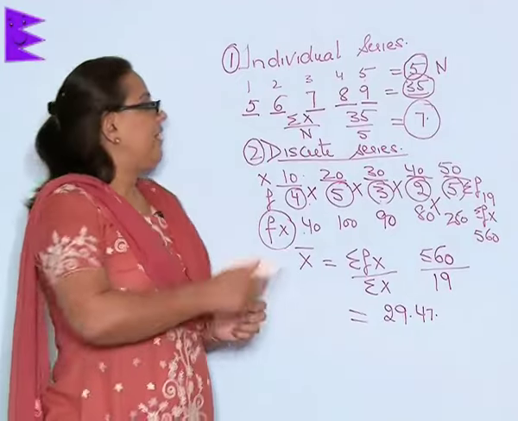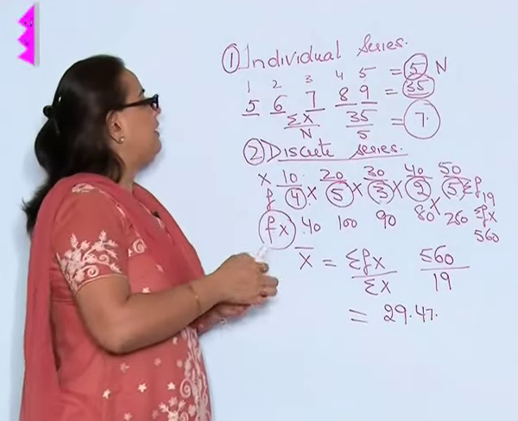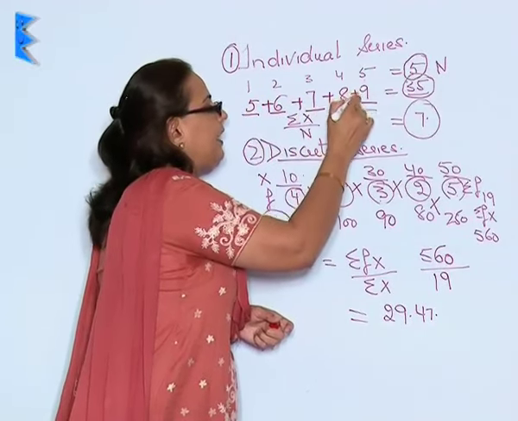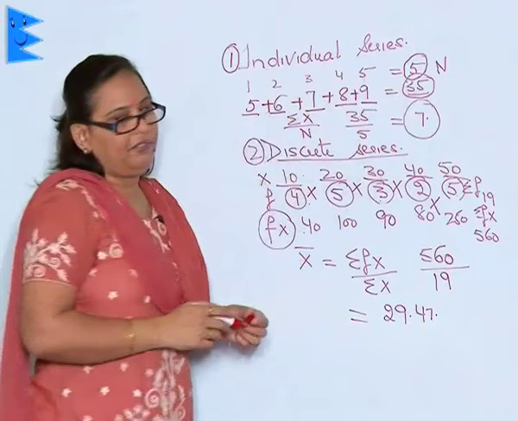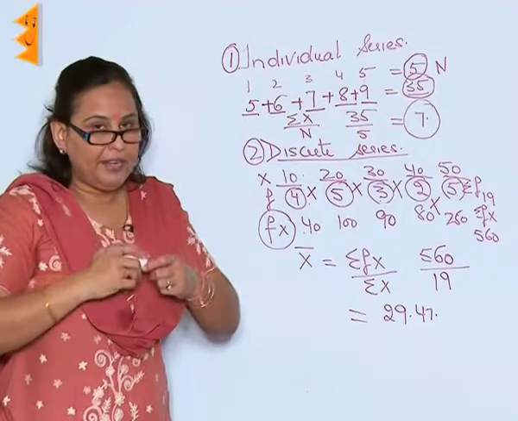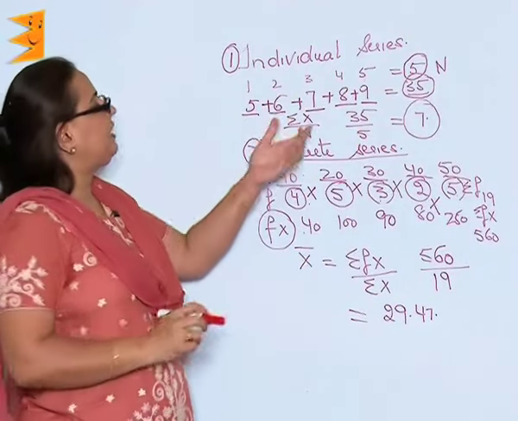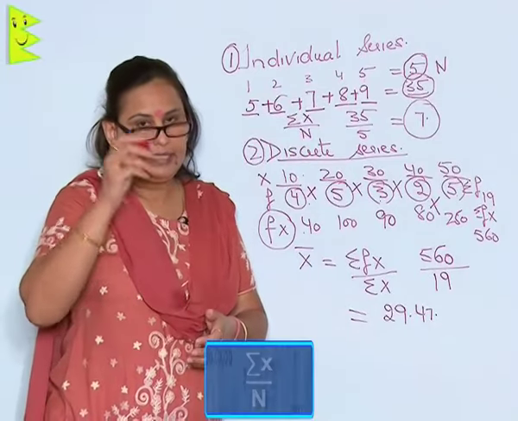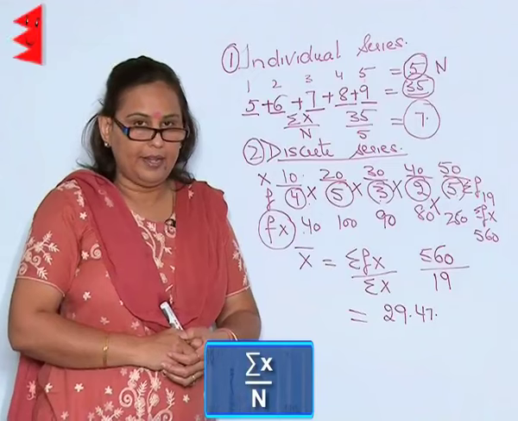And thus, when I add all this, 5 plus 6 plus 7 plus 8 plus 9 will give me 35. And thus, to find out the average of these 5 students, the formula that shall be applied is sigma x upon n.